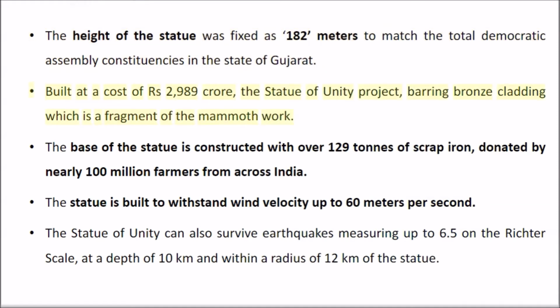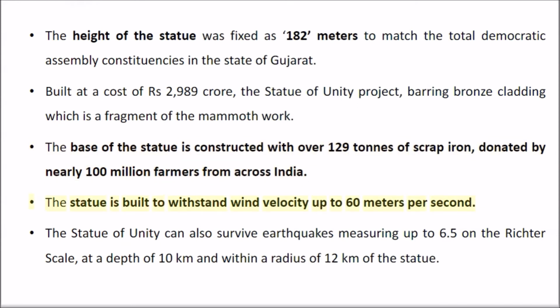Built at a cost of Rs 2,989 crore, the Statue of Unity project, barring bronze cladding which is a fragment of the mammoth work. The base of the statue is constructed with over 129 tons of scrap iron, donated by nearly 100 million farmers from across India.